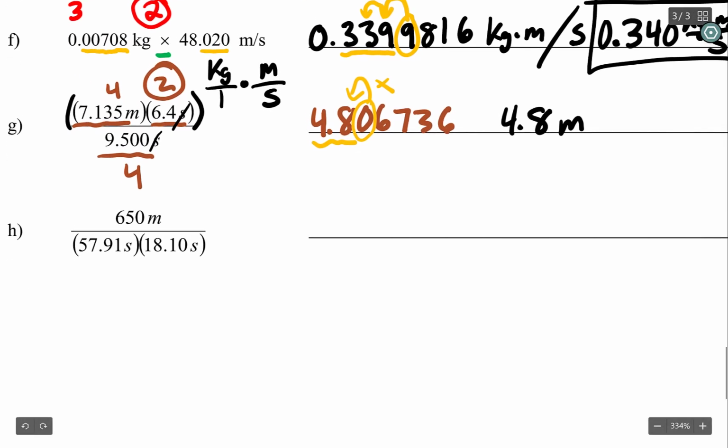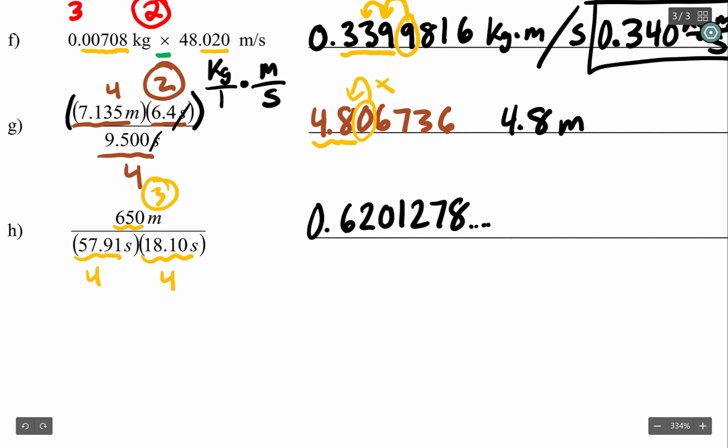For the letter H, I have to check out what number of significant digits each number has. This is 3, this is 4, this is 4. I need to have 3 significant digits because it's the smallest number. Punching this in our calculator, we get 0.6201278, a bunch more.